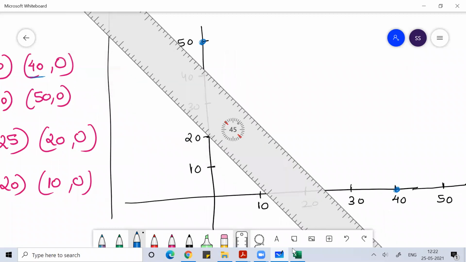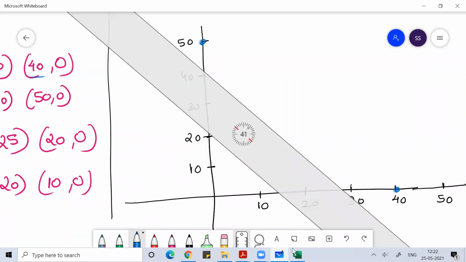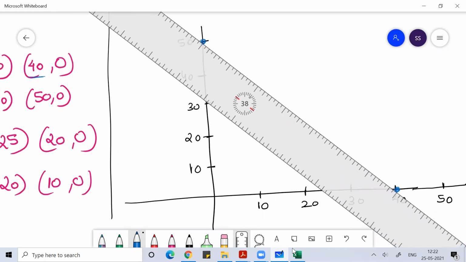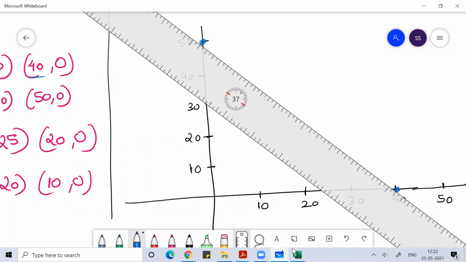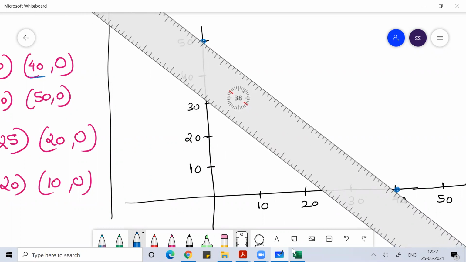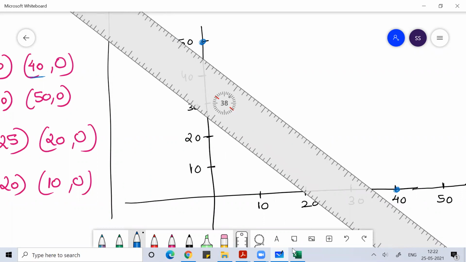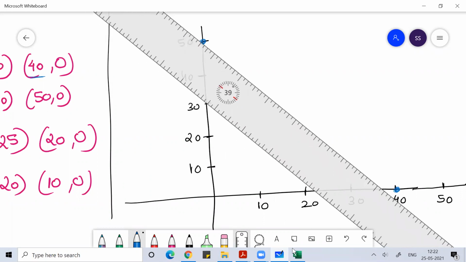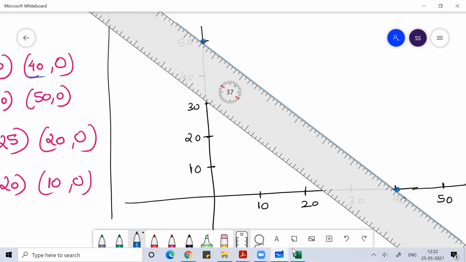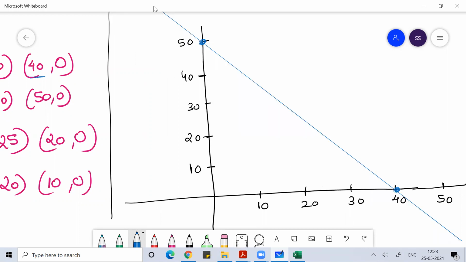So I just draw the line. So this is the first line.